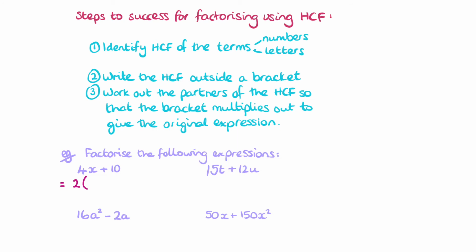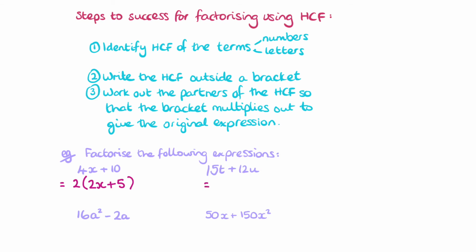So now we need to work out 2 times what gives us 4x. Well, 2 times 2 gives us 4. And we need an x there as well, don't we? Because 2 times 2x, 2 lots of 2x, is 4x. Then 2 times the number that goes here is 10. So that must be 5. And because everything's positive, we need a plus there.